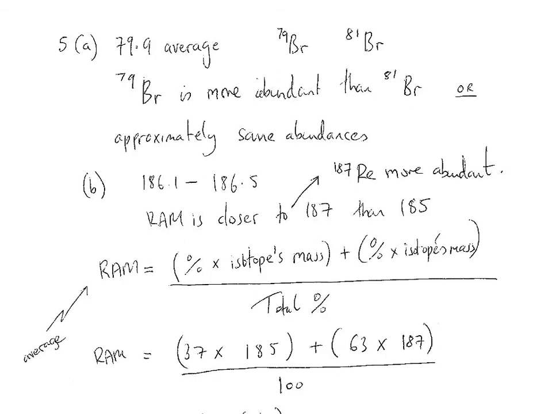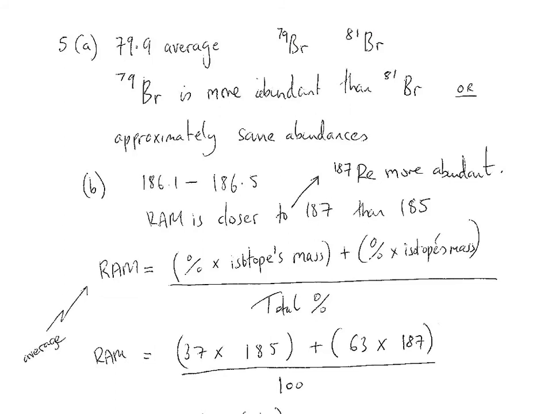In the next question you need to estimate the relative atomic mass of rhenium to 1dp and explain how you arrived at your answer. Well, anywhere in the range of 186.1 to 186.5 obtained the first mark, and then you need to state that the RAM is closer to 187 than 185 because the 187Re isotope is more abundant.